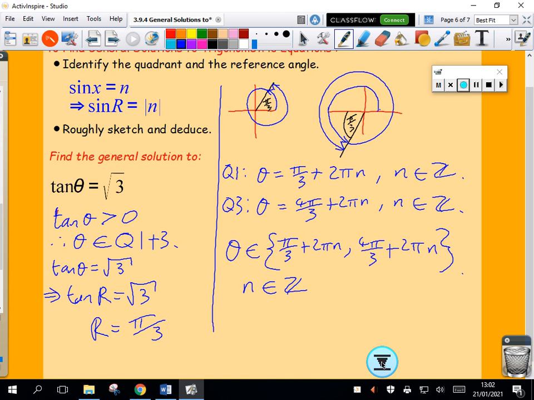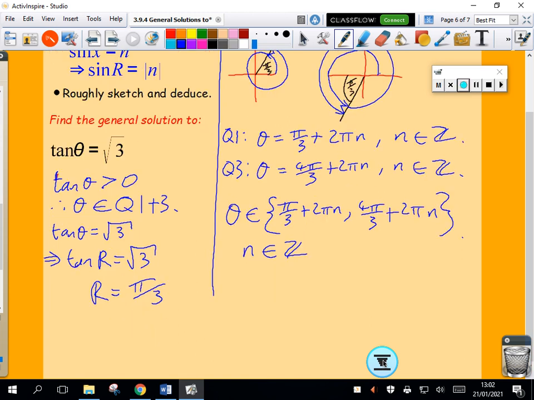One thing you might note, those of you who are kind of beady-eyed, is that if I take these two pictures and combine them into one picture, in quadrant 1, pi over 3, in quadrant 3, reference angle pi over 3, what we have here is kind of vertically opposite angles.